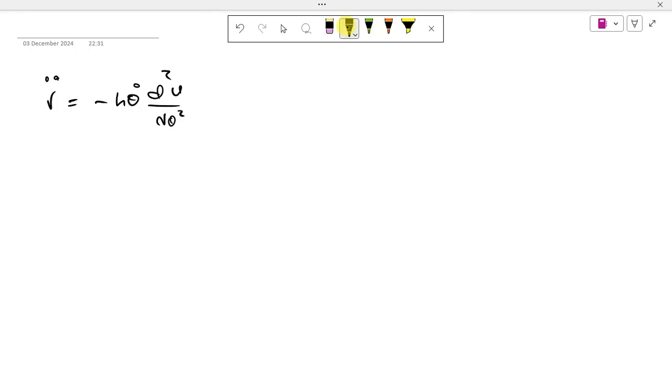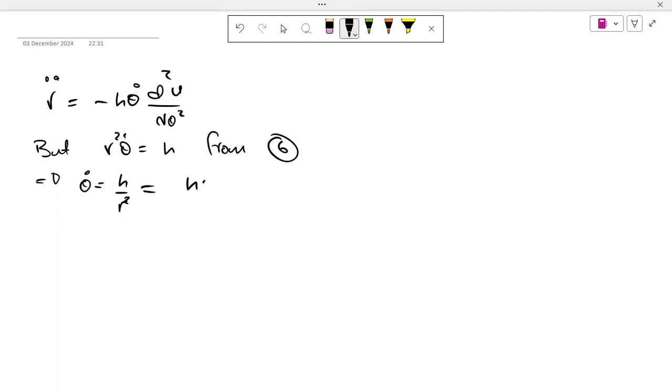But we know that R squared theta dot is equal to H. Do you remember? This is equation 6, I think it was. So therefore, theta dot equals H over R squared, but we know that R is inversely proportional to U. So that's equal to H U squared.